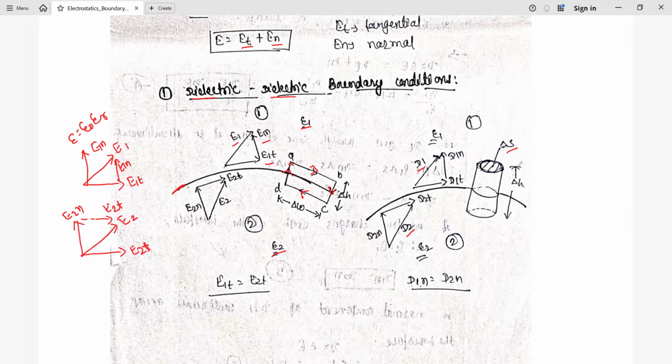This differential surface is cylindrical in shape, with base area delta S and height delta H. On the basis of this differential path, we are going to see later that the tangential component of the electric field will be equal and the normal component of the flux density is going to be equal. That derivation we are going to see.